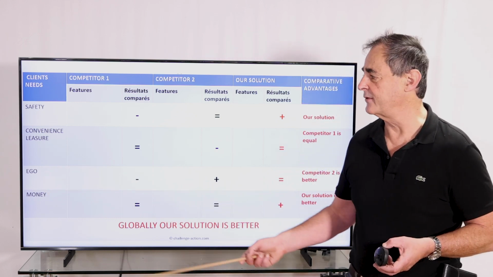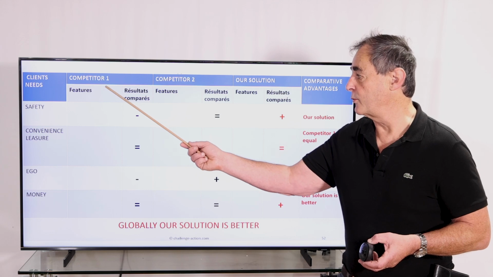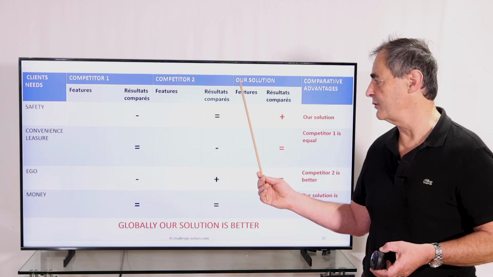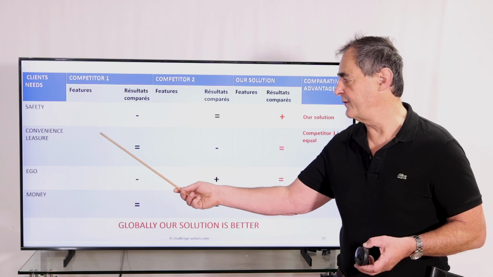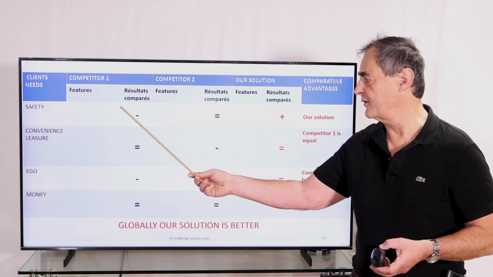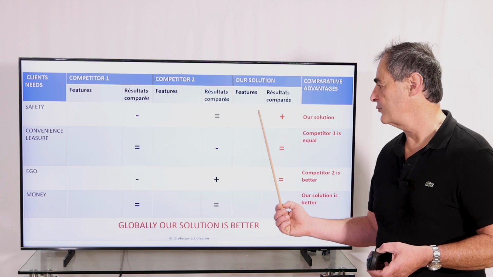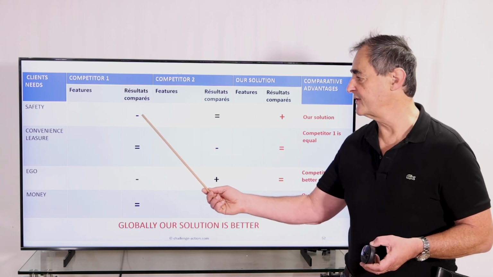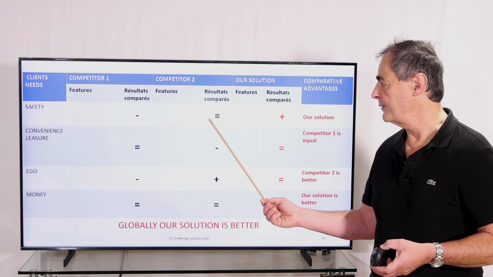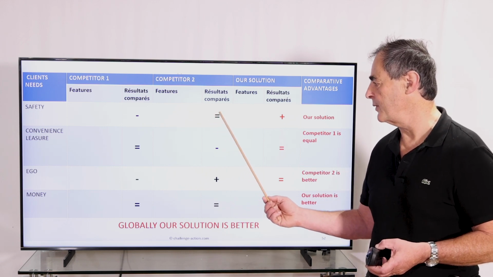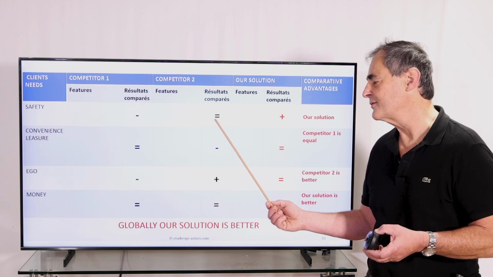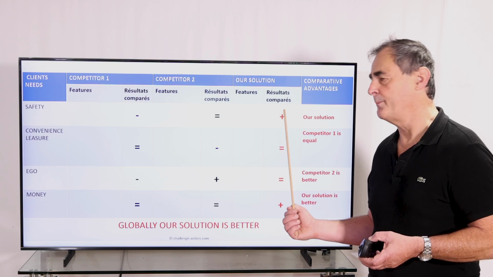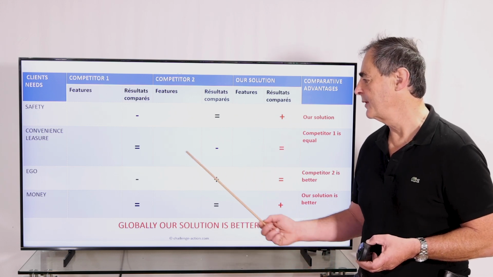Then you have competitor 1, 2, and then 3, which is our solution. Then you have the features, and for safety you can compare the different solutions. For example, competitor 1 is not very good for safety. Here it's about the same as our one, or the other ones, it's pretty much average. Here, if we compare, we are better than the 2 other ones.